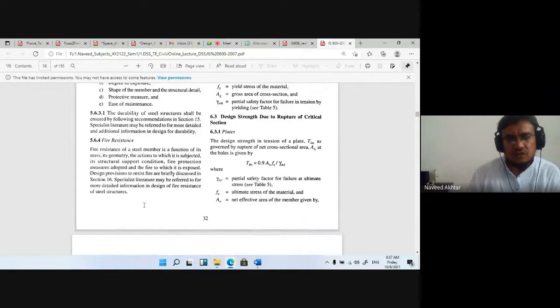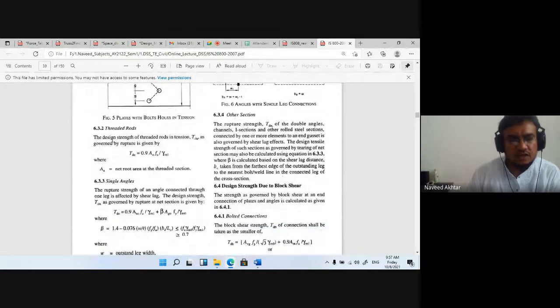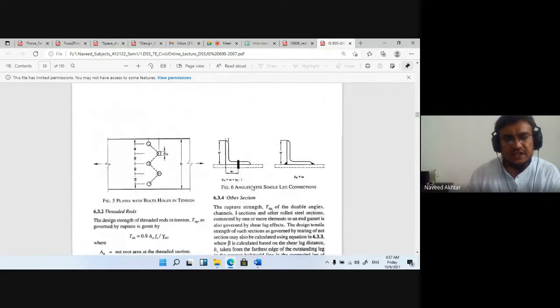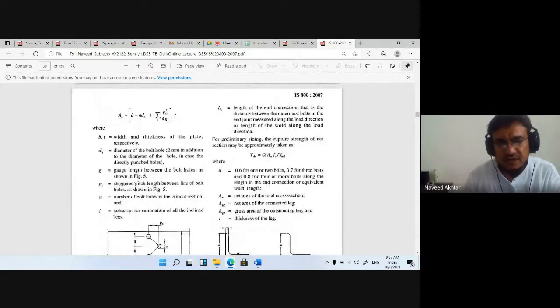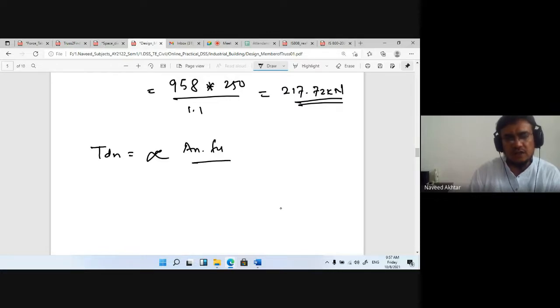For a single angle or double angle in tension, for preliminary sizing, the rupture strength of the section may be taken as TDN equal to alpha AN Fu upon gamma M1. I will write that here for design purposes.